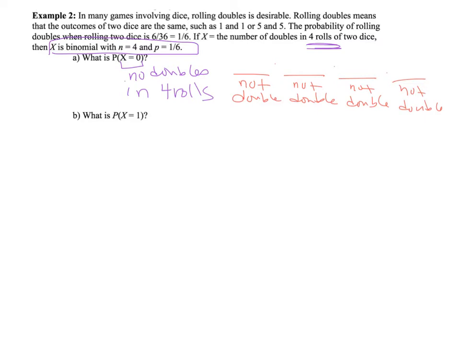Actually in this case, they told us the probability of success is 1/6. So this right here is the probability of success. What we're looking at is 0 successes. We want to know the probability that we fail 4 times in a row. I'm going to write this just as an F to show that these are all 4 failures. Your probability of failure is going to be 5/6.